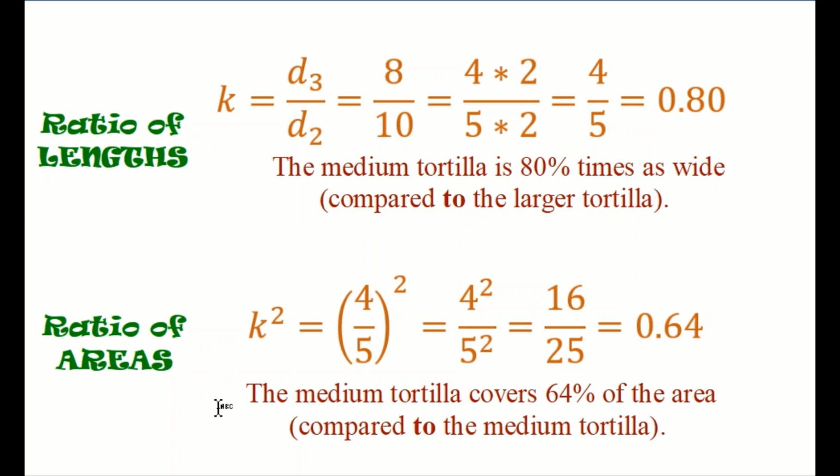So to get the total area comparison, it would be 4/5 squared, which you can square the 4 and square the 5, squaring them both. 4 squared is 16, 5 squared is 25, and 16 25ths is 0.64. So the medium tortilla, the third tortilla, only has 64%, not 80%, of the cream cheese that's on the larger tortilla. Big difference between 80% and 64%.